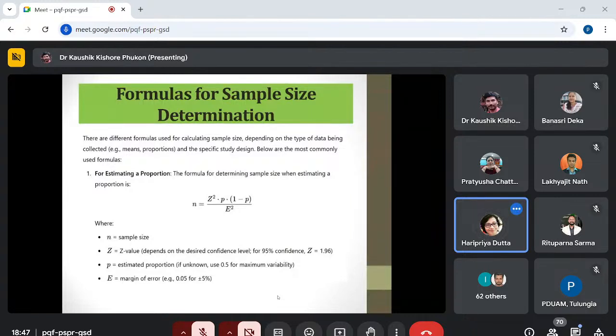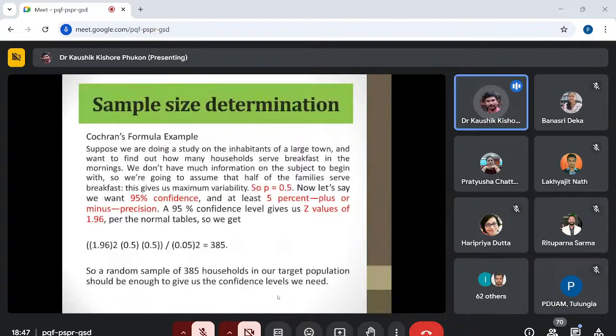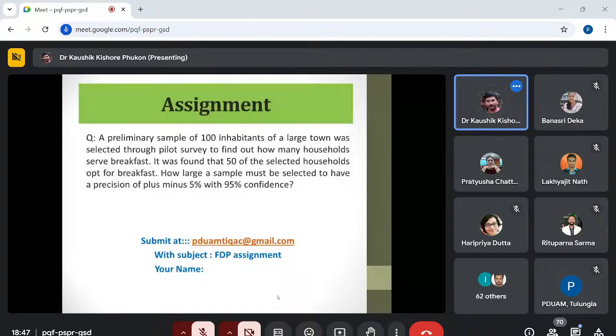Is it so, sir? Yes. The answer for this question is that Cochran's formula is to be used. It is always 384, 385, sir. Okay, you are getting it. Thank you.